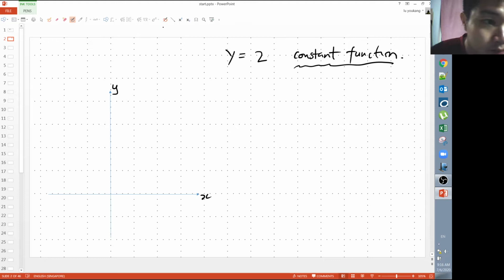Okay, so let me label my x and y axis. I hope you can see over here, I take one unit here is 2.